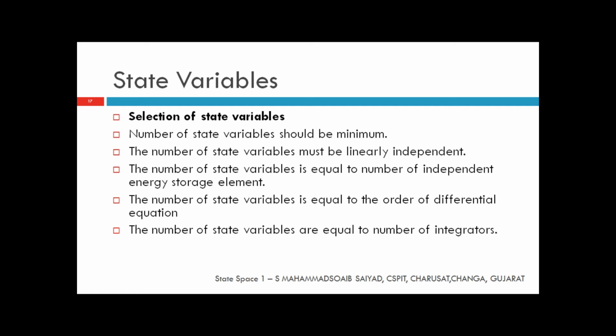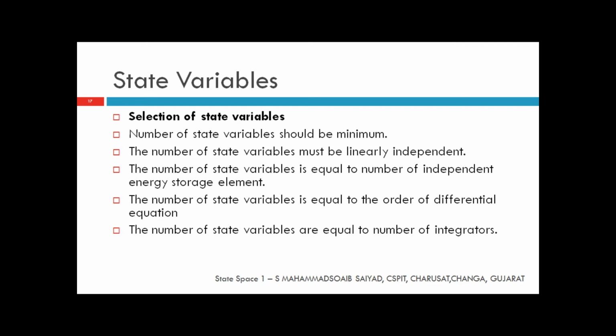So whatever state variables I choose will be in terms of L or in terms of C. Generally we take the current flowing through the inductor as one state variable and the voltage across the capacitor as another variable. I am repeating, whenever you select state variables, we take the current through the inductor as one variable and the voltage across the capacitor as another.